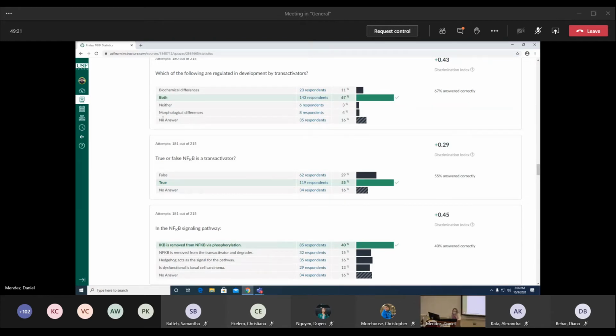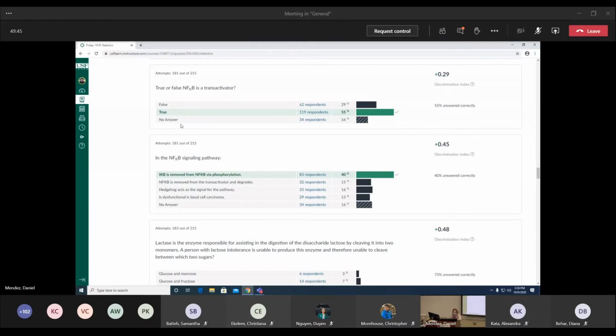For example, when we're making our arm, how long is our arm going to be? What's the shape of our arm? How many muscles and bones, whatever. So it's going to regulate those morphological differences and also the biochemical differences. So when we talk about globin switching from fetal hemoglobin to adult hemoglobin, we're going to have our transactivators regulating that.